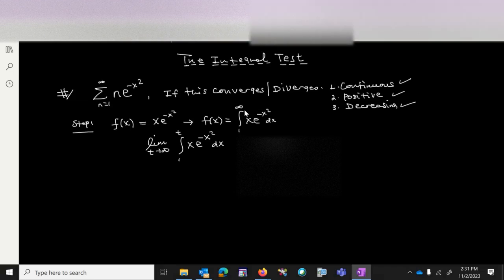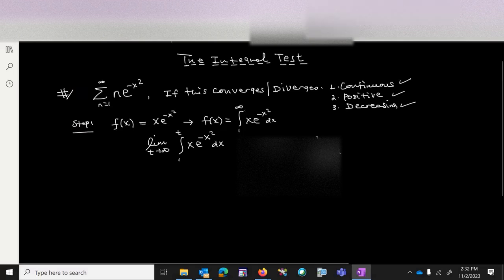So my u is going to be minus x squared. If this is my u, the derivative of u is minus 2x dx. From this I can solve for dx by dividing both sides by minus 2x, and I get dx equals du over negative 2x.